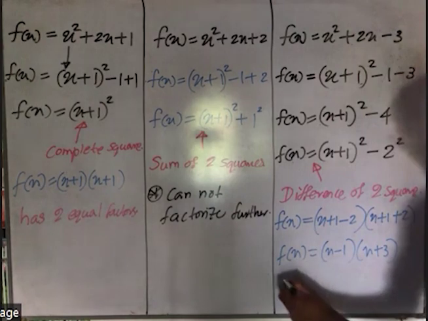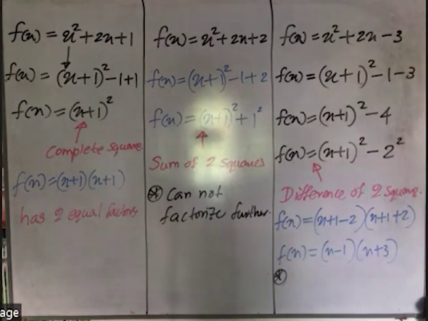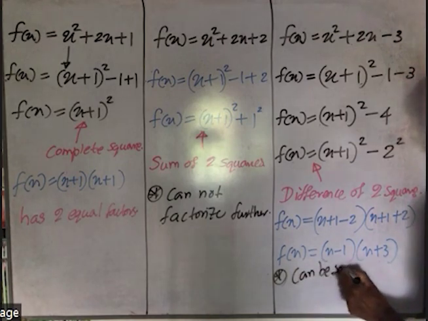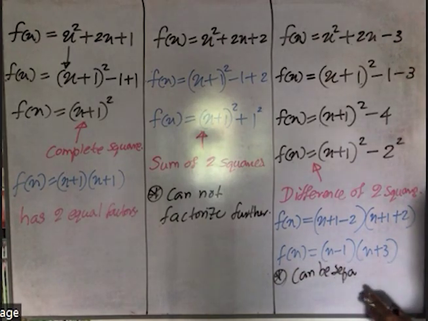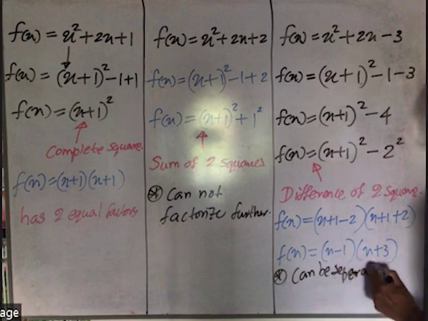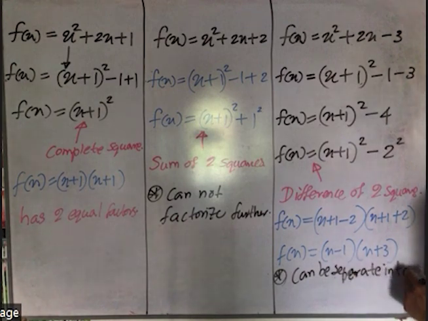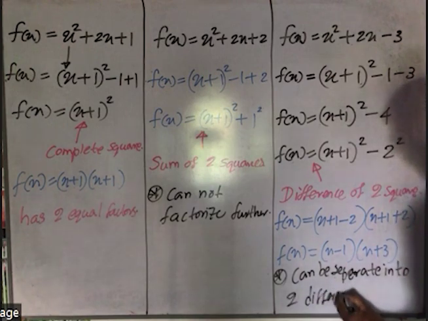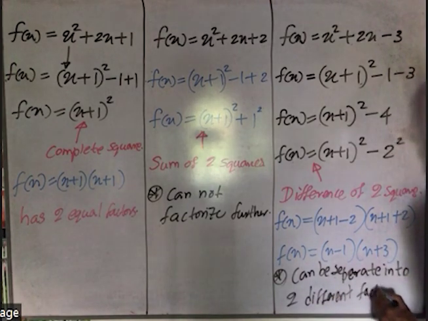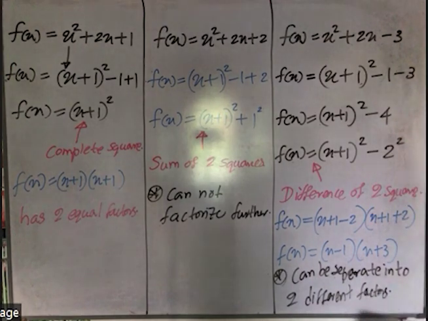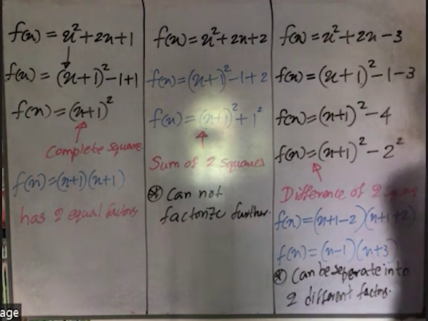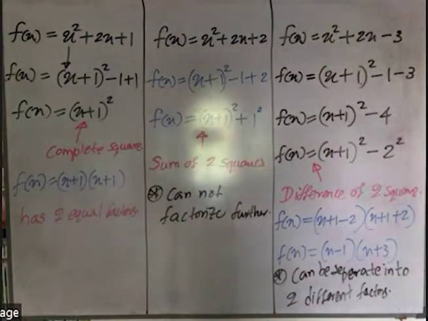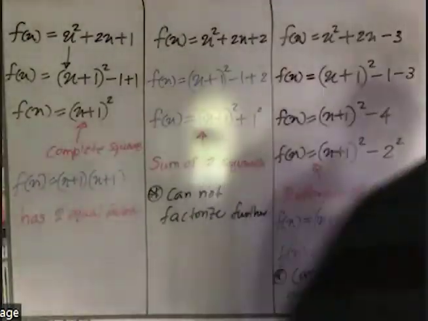Here, write down: can be separated into two different factors. Okay. Now I'm going to draw the graphs of these three functions, right?